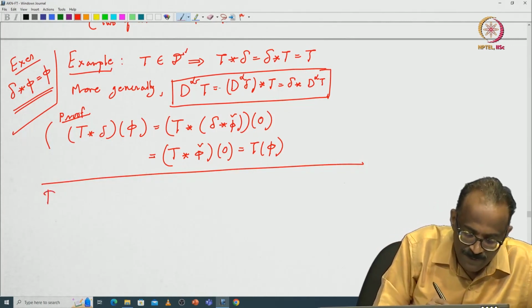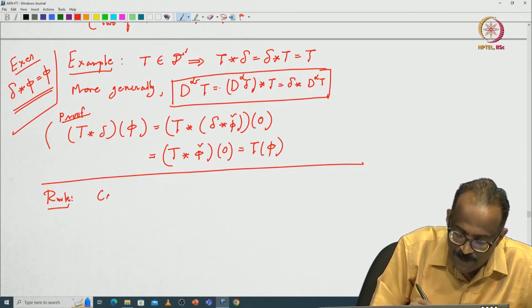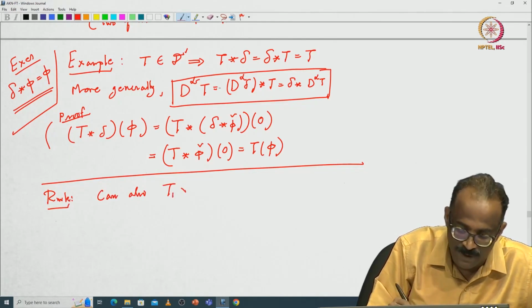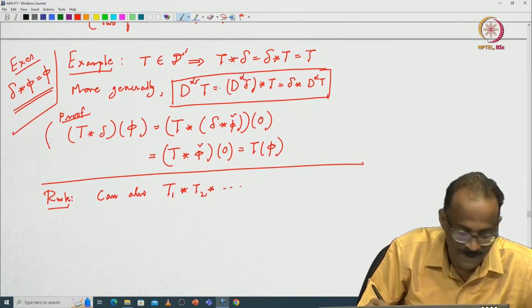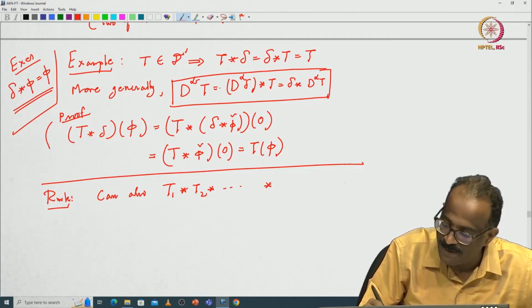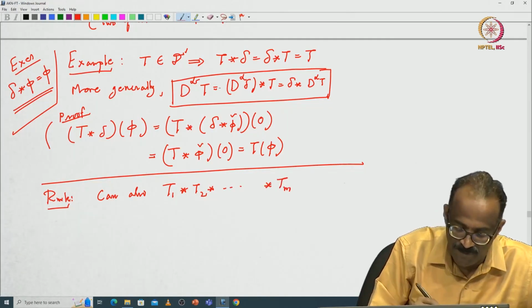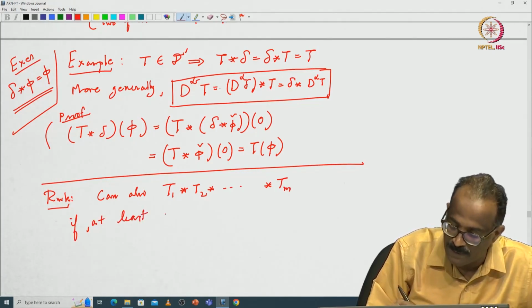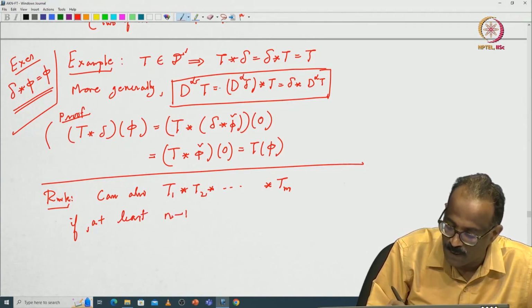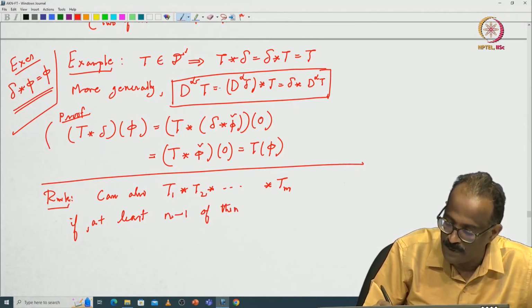One more remark, you can also define T1 star T2 star, etc., for finitely many, up to Tn, if at least n minus 1 of them have compact supports.